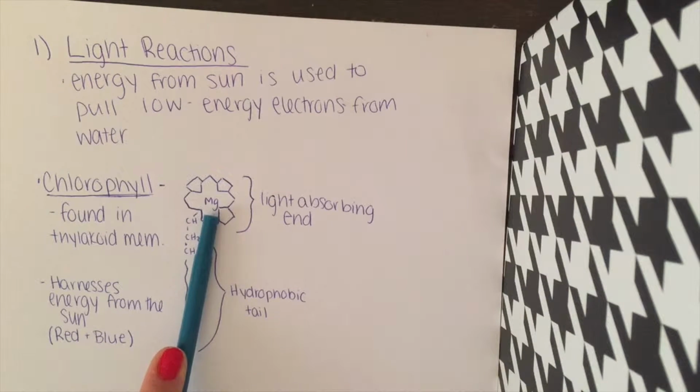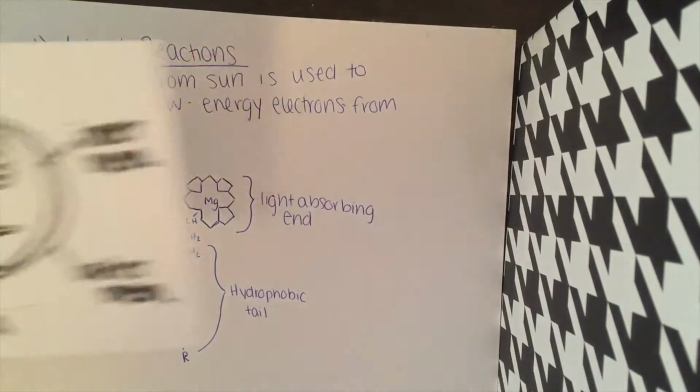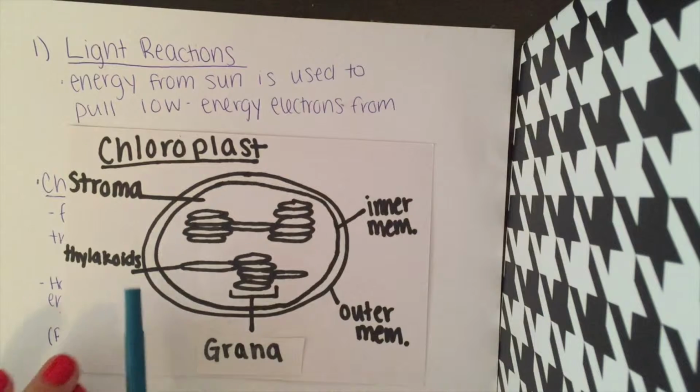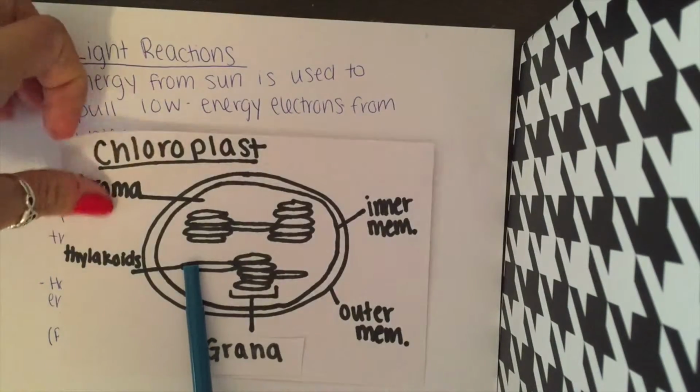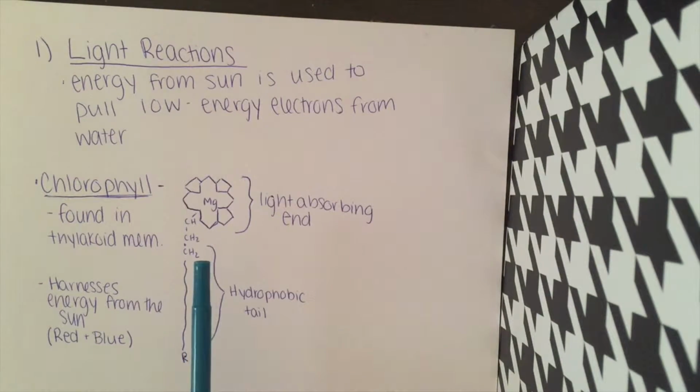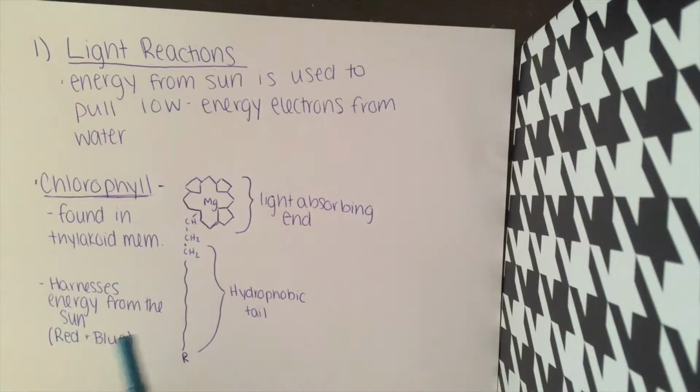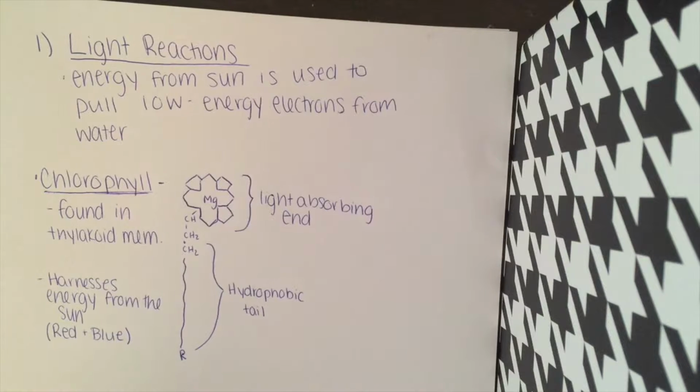Now the chlorophyll is found in the thylakoid membrane, which if we go back to our picture of a chloroplast, remember these are our thylakoids, and this little black circle is the membrane. So we find these chlorophylls in that membrane, and what it does is it basically just harnesses energy from the sun.